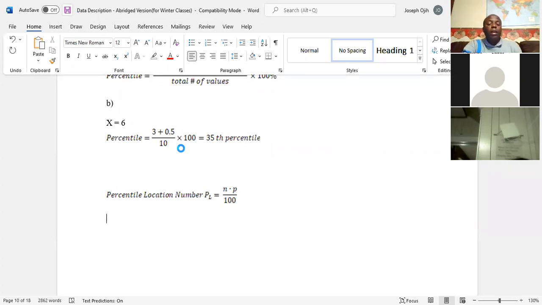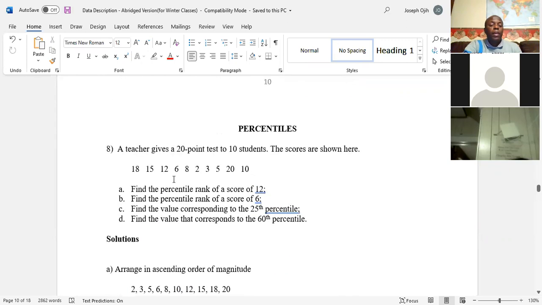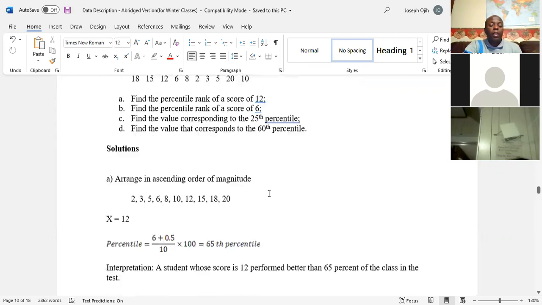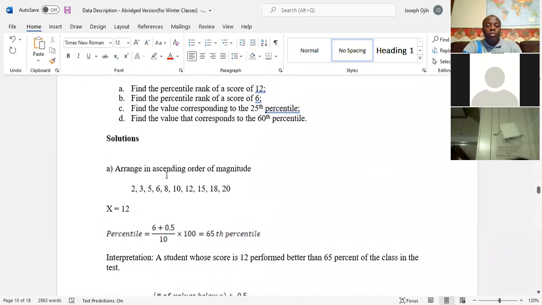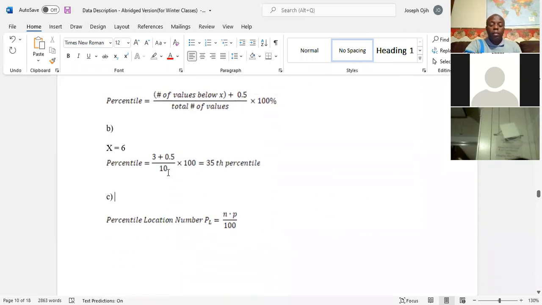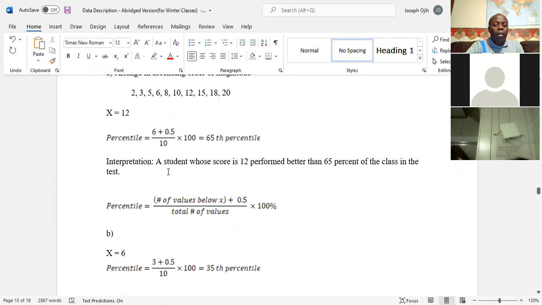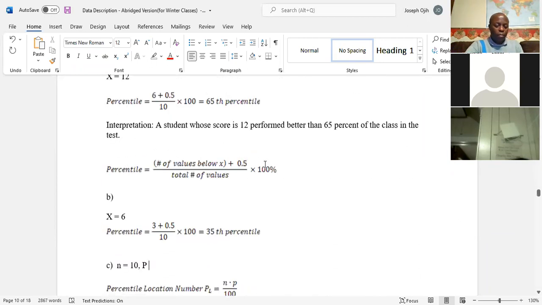Now part C says, find the number that corresponds to the 25th percentile. Again, they are arranged in order from smallest to largest. So our N is 10 because there are 10 numbers, and the percentile of interest, P, is the 25th percentile.